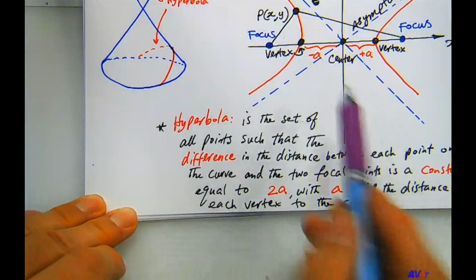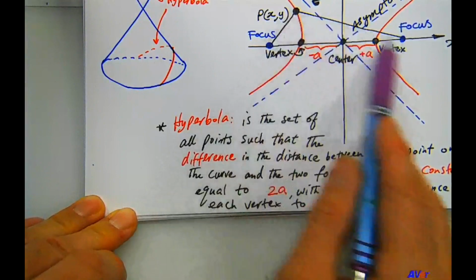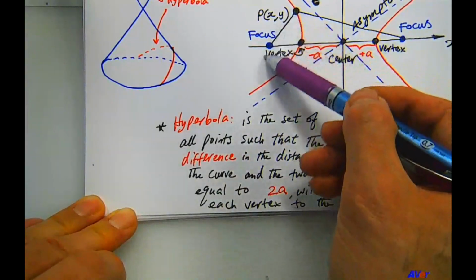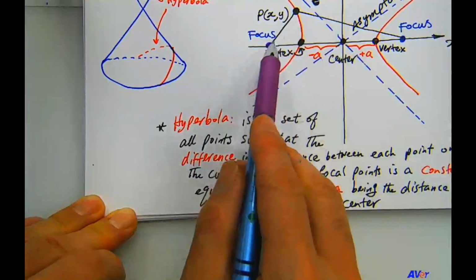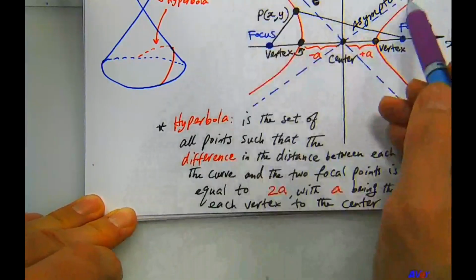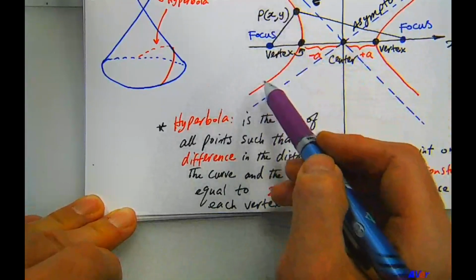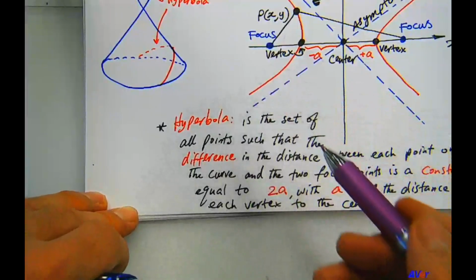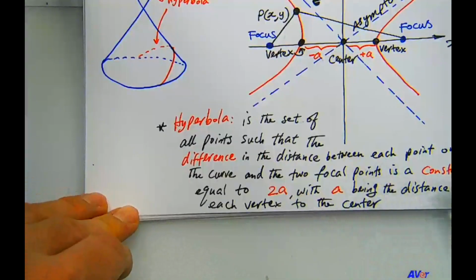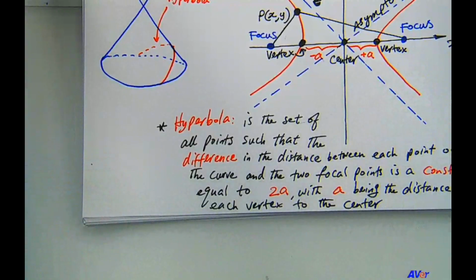So we're saying that if you take this length, subtract this length, that would be equal to 2a, twice this distance, for any point along these curves. So if you pick a point such that that difference is not equal to 2a, then that point does not belong on that hyperbola.